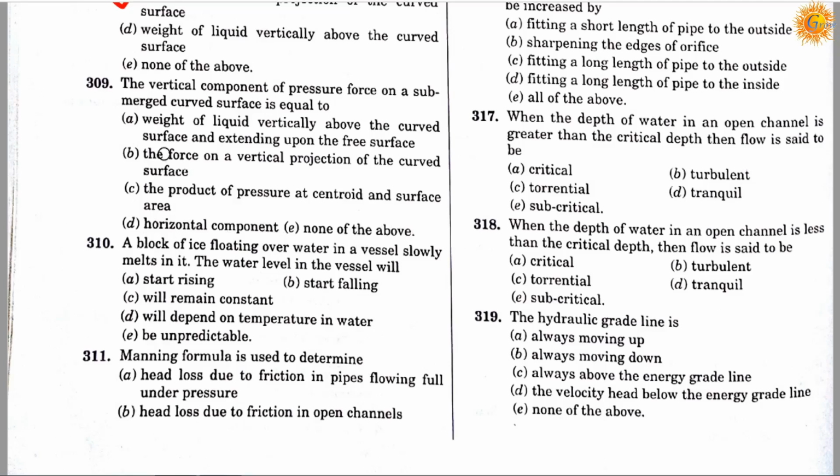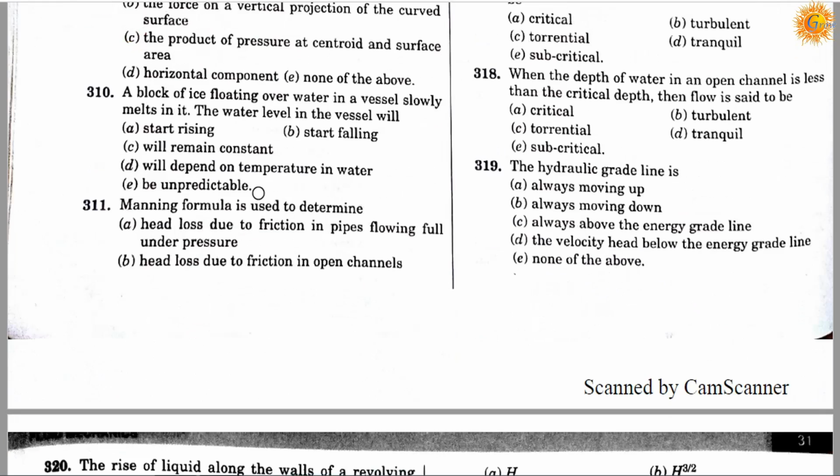So the correct answer is A. It means the vertical component of pressure force on a submerged curved surface is equal to the weight of liquid vertically above the curved surface and extending up to the free surface.